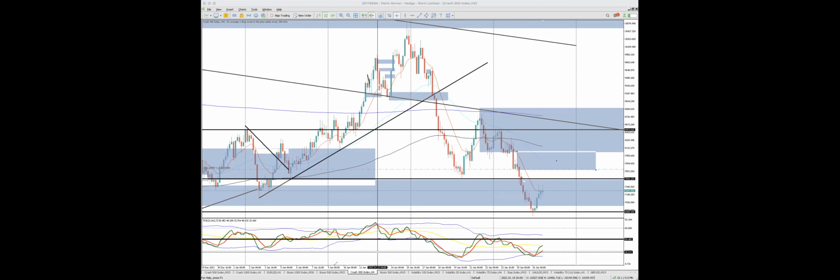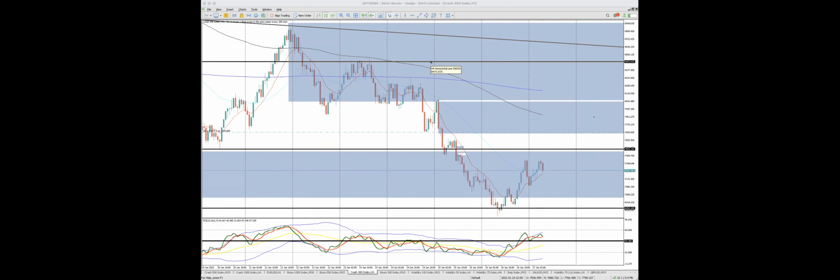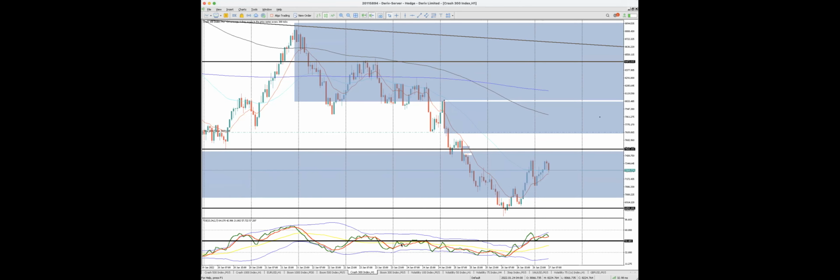H1. Okay, H1. We just wait for price to push up a bit. So when it pushes up a bit, we're going to expect a reaction on the 200.